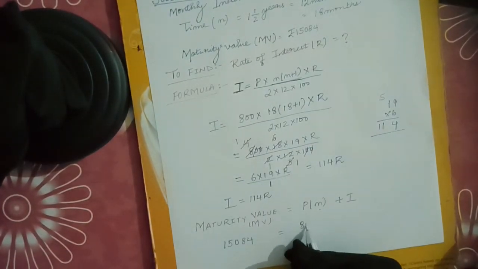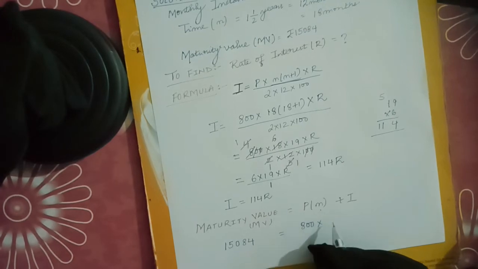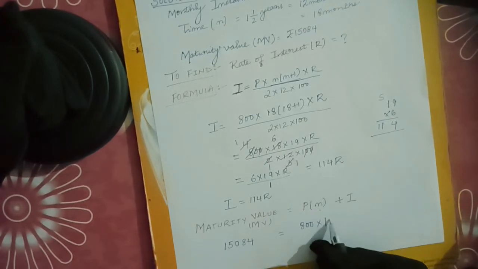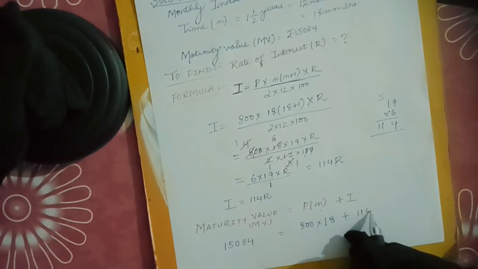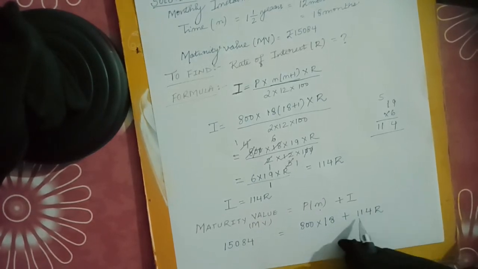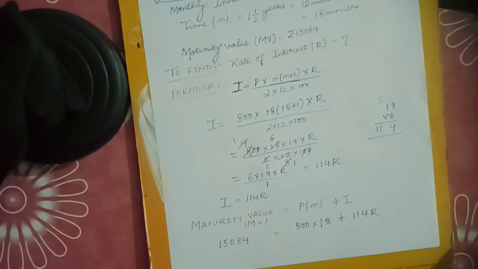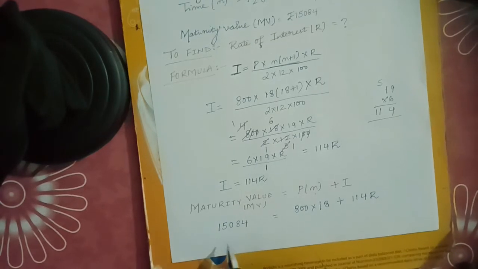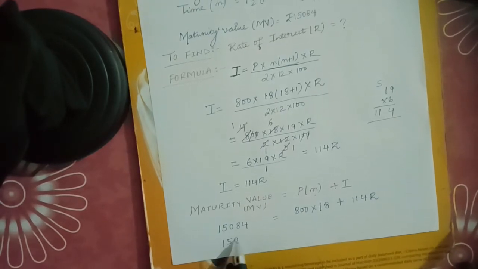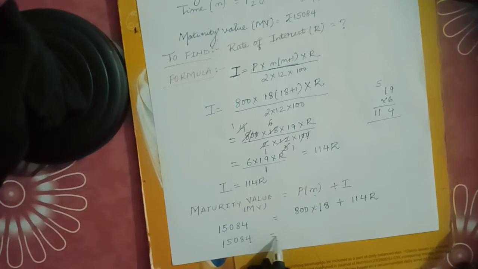So it would be 800 into N, and N is 18 months. So 800 into 18 plus what is I? We have got I in terms of R, so we will write it as 114R. Now we'll first multiply these two numbers. So here it is 15084. We'll just leave it like that.